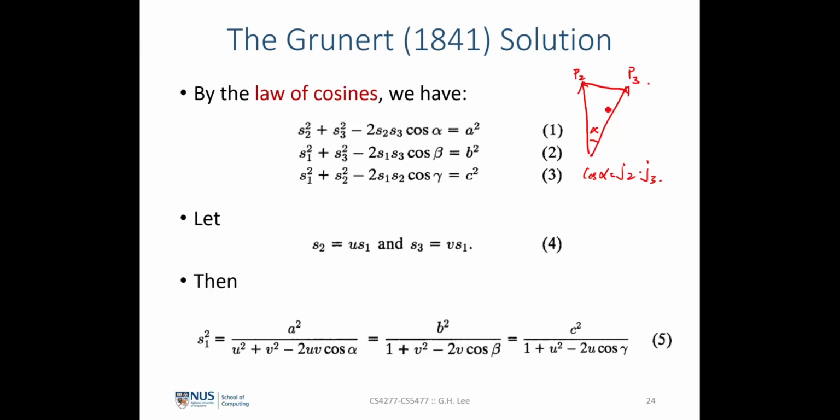And we also know that according to the law of cosines, the cosine rule for a triangle, this cosine alpha can be expressed in terms of the lengths of all three sides. And we also know from before that since these two points are known, this also means that the distance between these two points, which I have denoted earlier on as A, is also known.